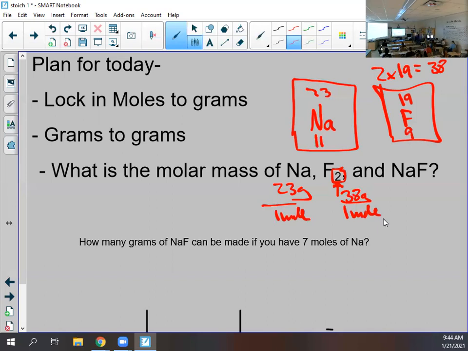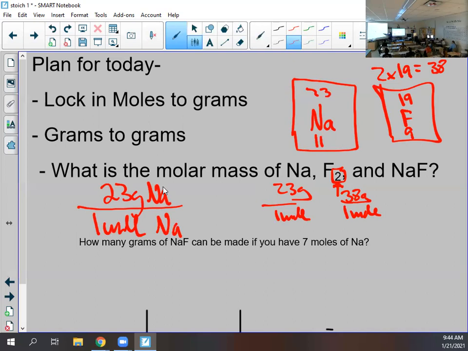I'm going to point to this and I'm going to annoy you, and maybe it will help later. Grams, whenever I find them on the periodic table, are always over 1 mole of the same thing. So technically in our picket fence for sodium, we would say 23 grams of Na for every 1 mole of Na.